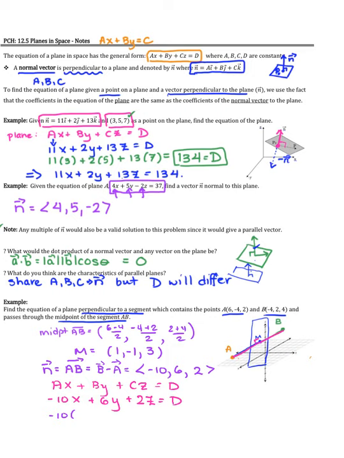For x, we have 1. For y, we have negative 1. For z, we have 3. And when you put that all together, negative 10 minus 6, negative 16 plus 6 is a negative 10. So voila, the equation of our plane is going to be negative 10x plus 6y plus 2z equals negative 10. And that's it.